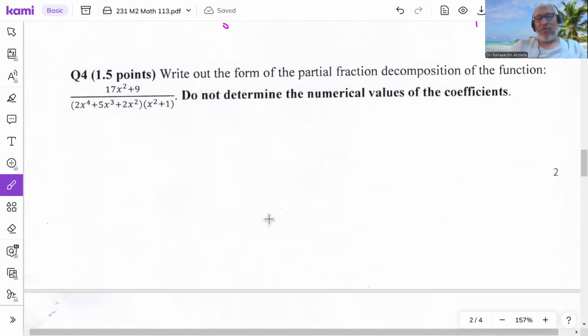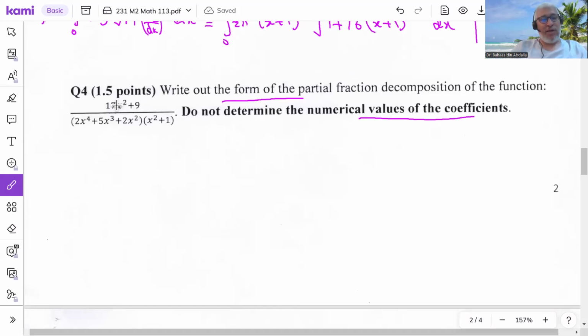Write out the form of the partial fraction decomposition. Well, to write out the form and not determine the numerical values of the coefficients, the numerator is not important here. I need to look carefully at the denominator and try to factor. Well, x squared plus 1 is an irreducible quadratic factor. I cannot factor it.